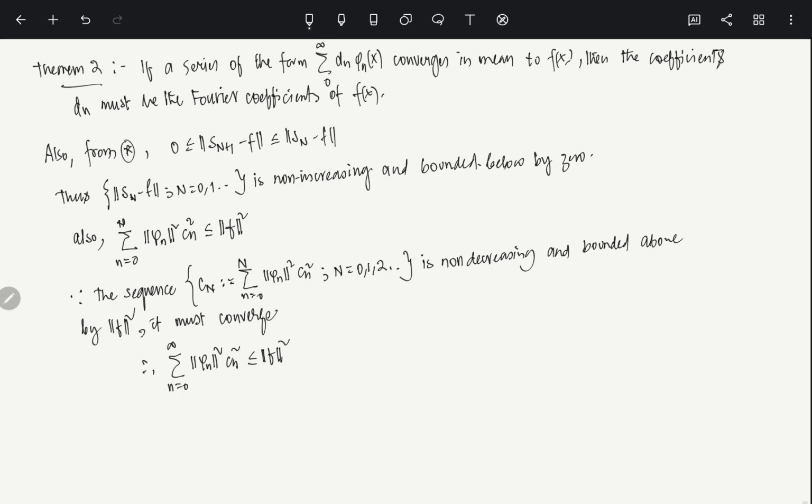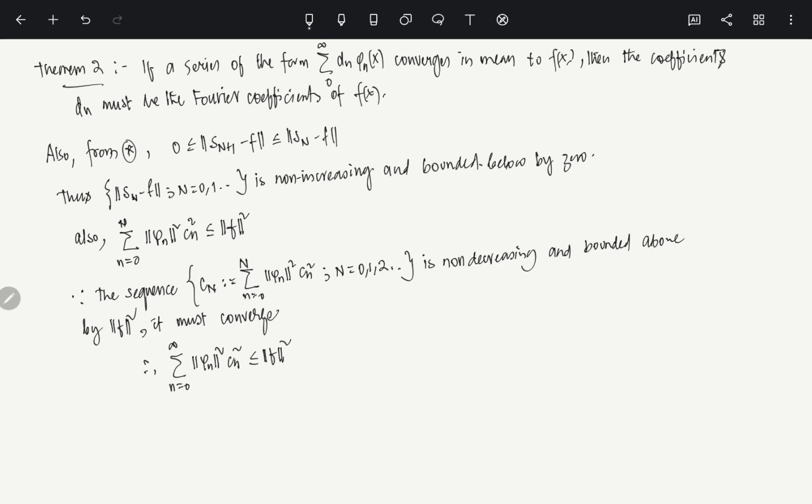Now you see, therefore we can say that the Fourier series of f of x converges in mean to f of x if and only if this is true.